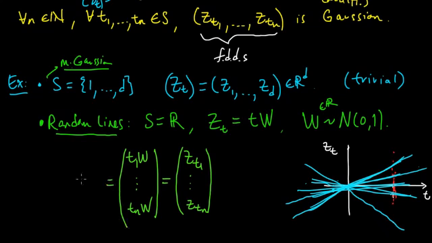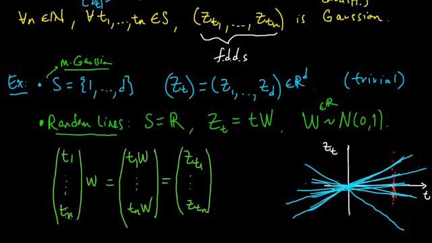And we can just factor out the W here. If we think of W as being, well, it is a constant, but we can also think of it as a 1 by 1 matrix, and we can think of this as an n by 1 matrix. And we can apply the affine transformation property of multivariate Gaussian random variables in a very peculiar way, because we're going to think of this as a 1 by 1 multivariate Gaussian.